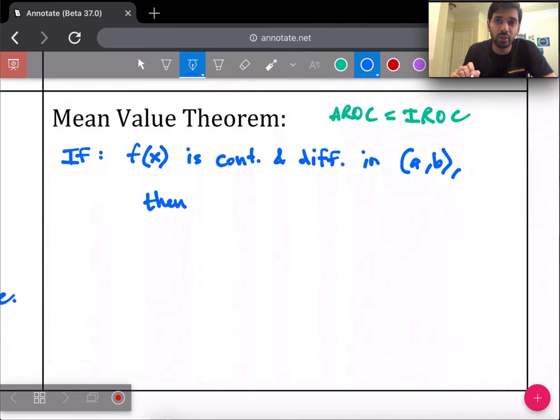Then you can say, so here's the then part, then there's a moment in between a and b where you can find the average rate of change is equal to the instantaneous rate of change.